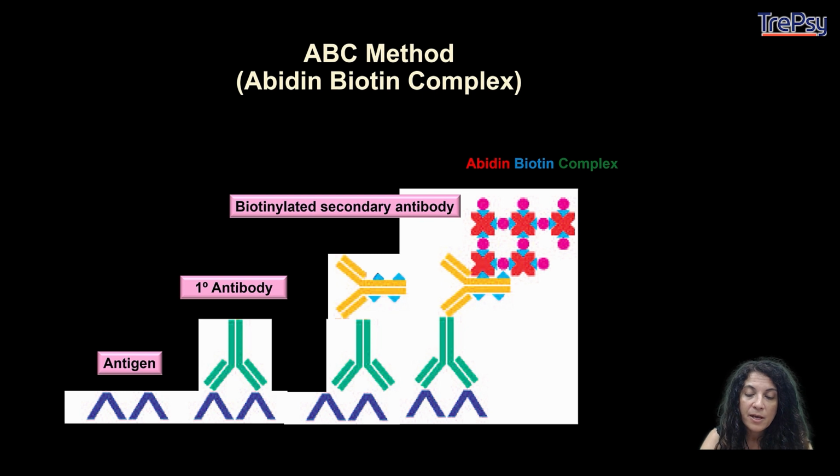So I have the avidin-biotin complex joined with my enzyme, and then I put my substrate and I see a chemical reaction. I can see a brown precipitate. So I can amplify my antigen, I can amplify my reaction.